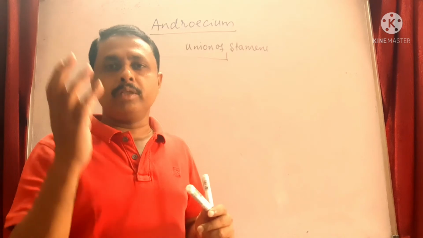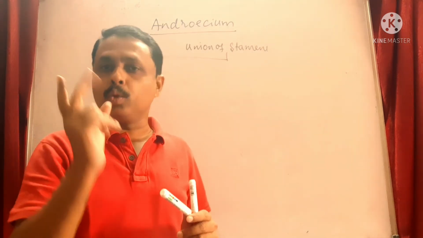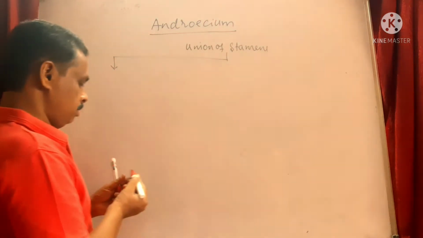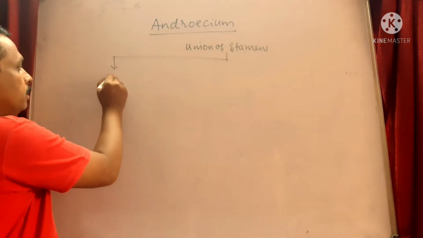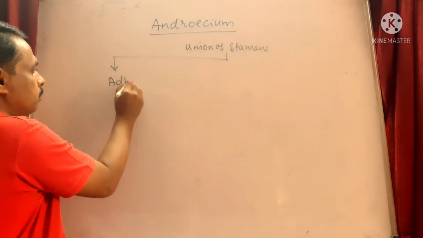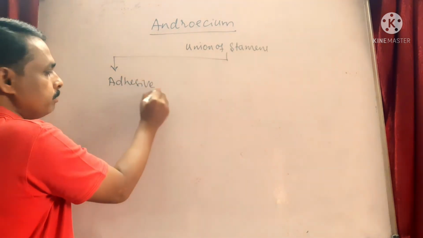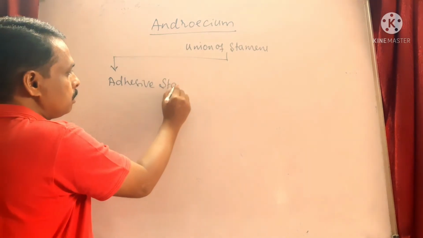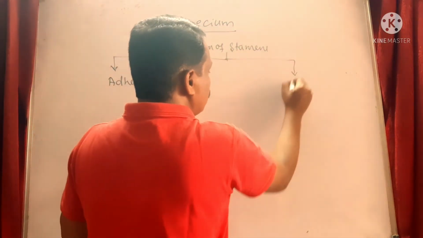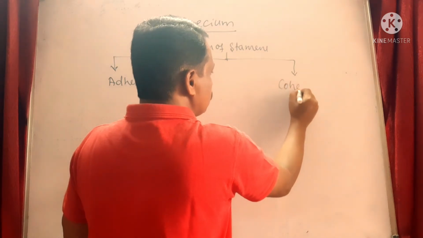Right. Based on this union, we can see 2 categories of union of stamens. The one is called adhesive stamens. The other one is cohesive stamens.